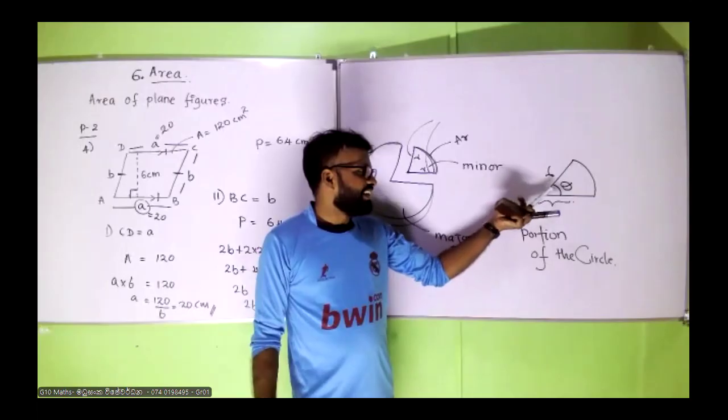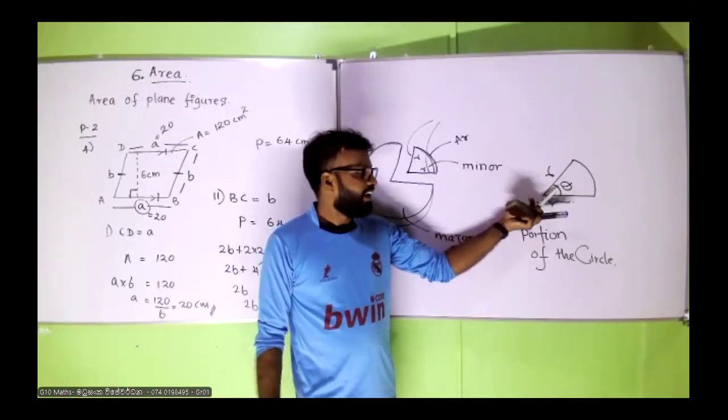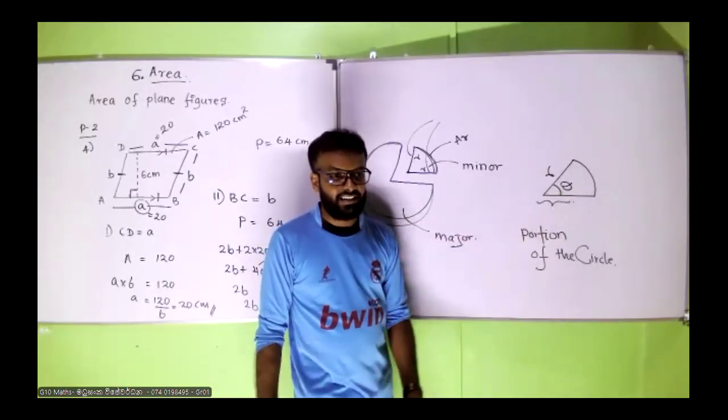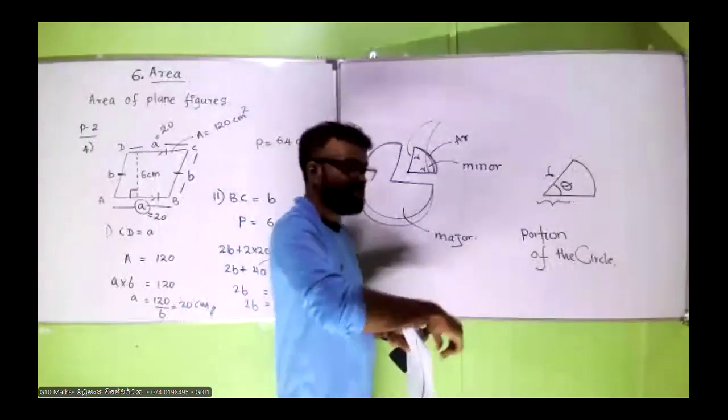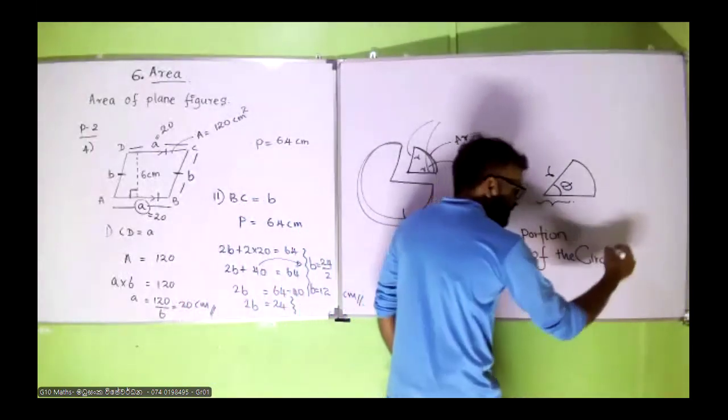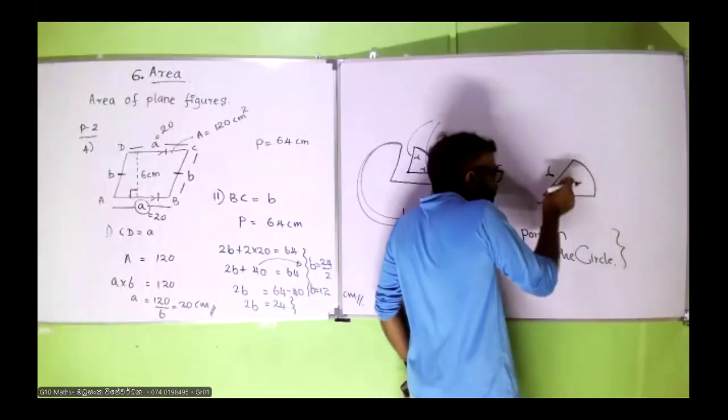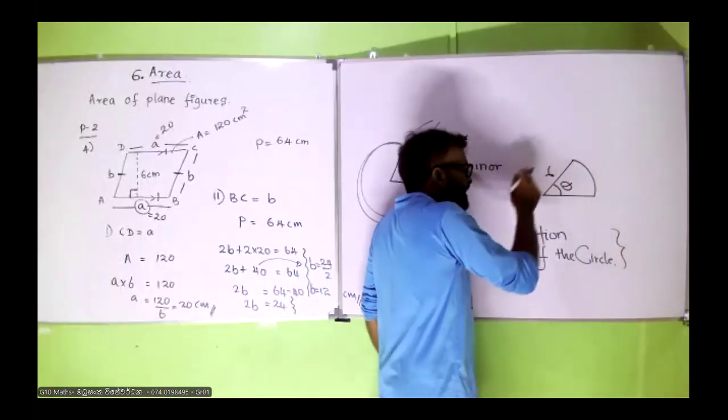So what I have given here is theta. Theta over 360. So the portion of the circle is this part. This is my sector.